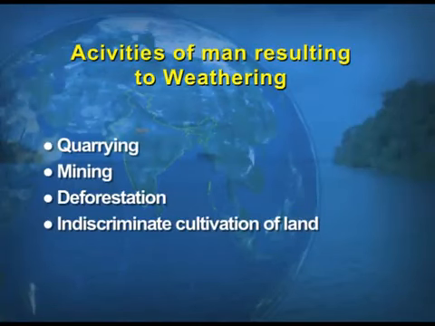Then we take up indiscriminate cultivation of the land, because in proportion to the population, the land is not sufficient. So, what man does is repeated cultivation on the same piece of land, known as indiscriminate cultivation, which results in the disintegration of the rocks.